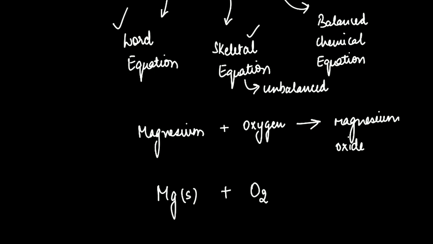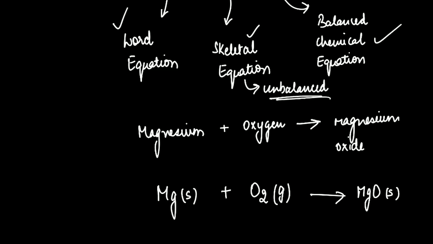Oxygen gas is always going to be diatomic. In the equation form, we are never going to write oxygen as single O. That is what we call nascent oxygen. So this is in the gaseous form. And we will get magnesium oxide, MgO, that's also in the solid form. So this is what we call a skeletal equation, that's unbalanced.